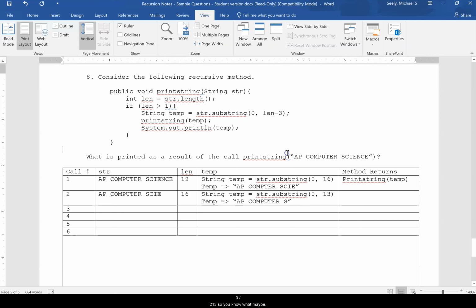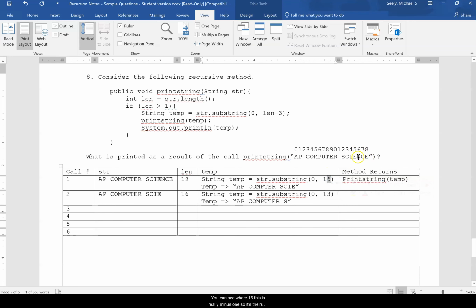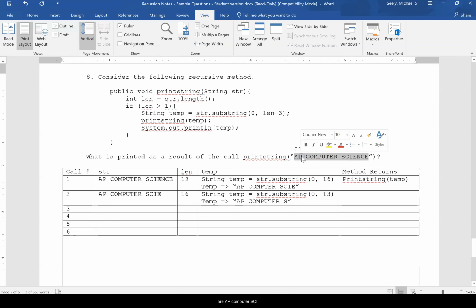So, you know, maybe right here you put in your index positions. 0, 1, 2, 3, 4, 5, 6, 7, 8, 9, 0, 1, 2, 3, 4, 5, 6, 7, 8, 9, 0. Okay, so you can see we're 16. This is really minus 1, so there's our AP Computer Sci for this one.